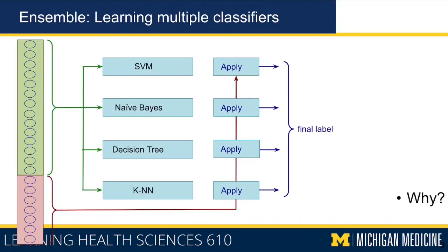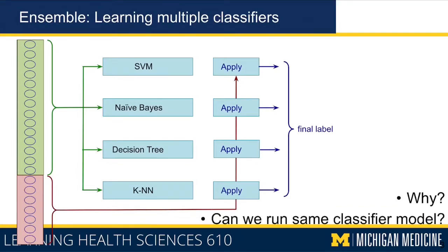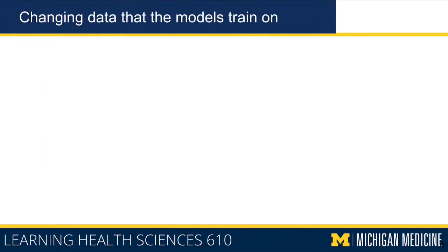So by using different ideas, you may label a new instance differently. And if a majority of the classifiers think that it should be a yes class, then you say that it's a yes class, and you can overcome mistakes that individual classifiers might be making.